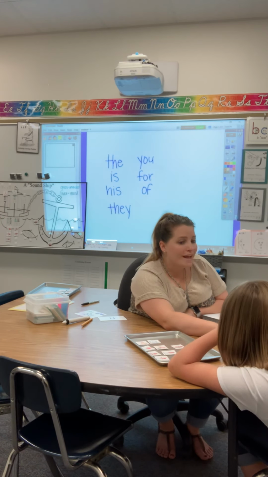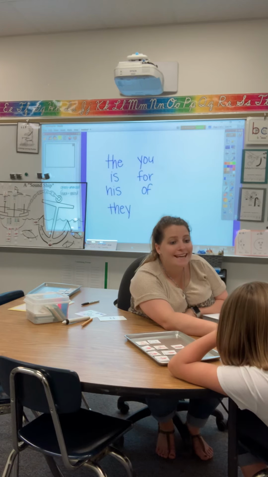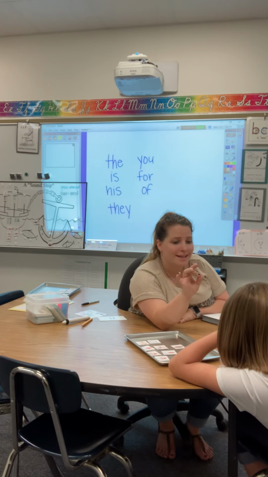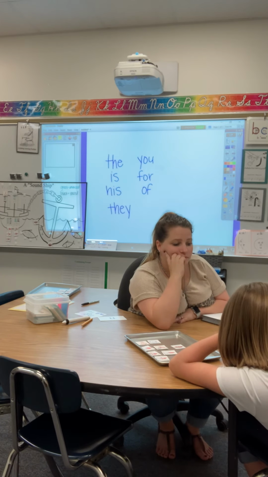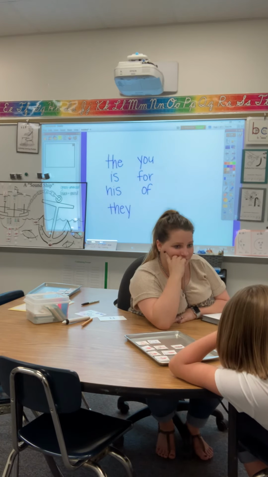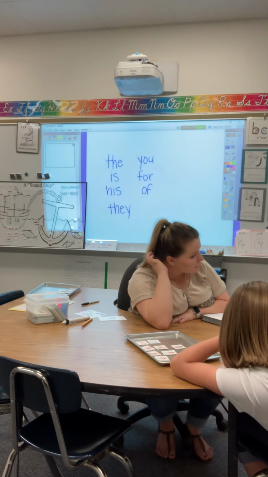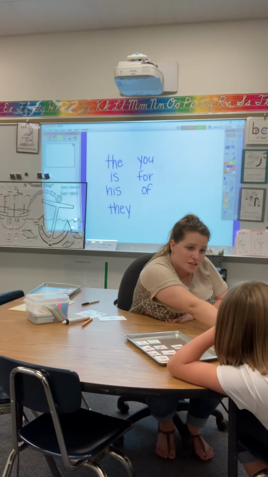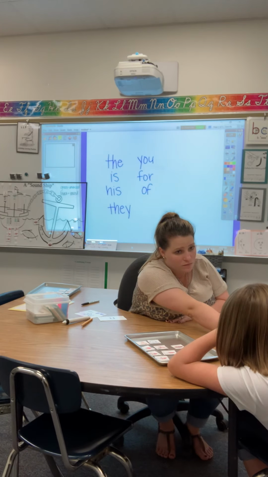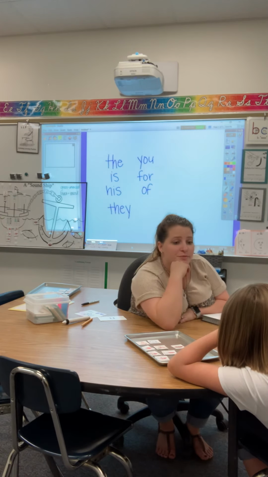If this is wing, show me when. Elevator. There you go. Because we went from a digraph NG, we went from a back nasal to a middle nasal. Okay. Ready to do some spelling?